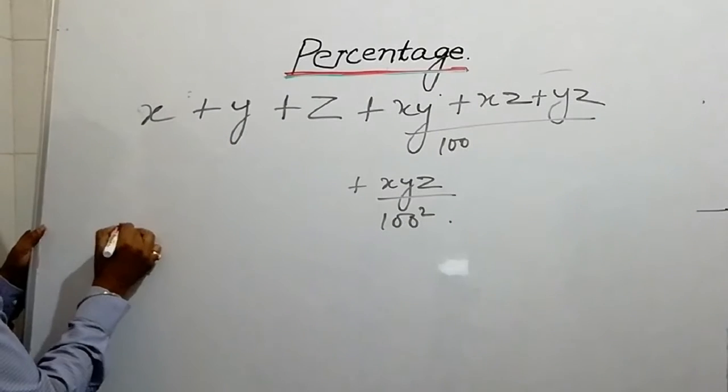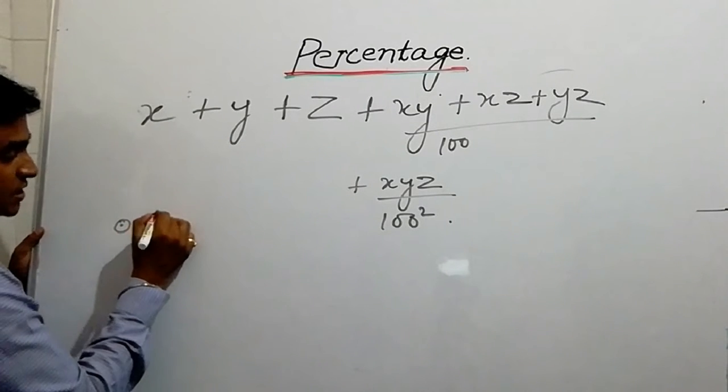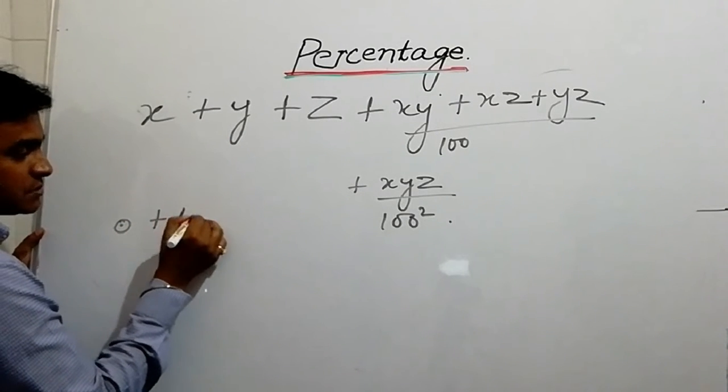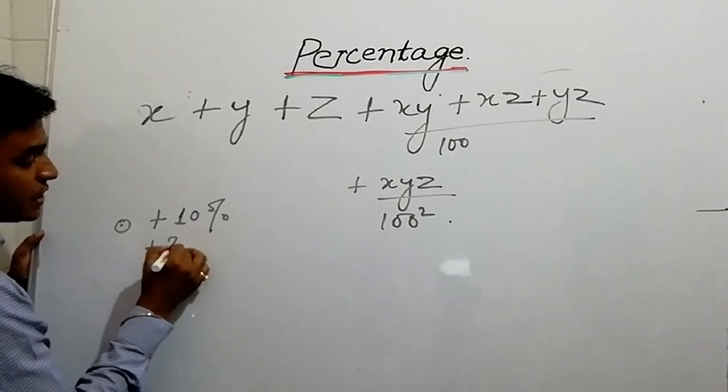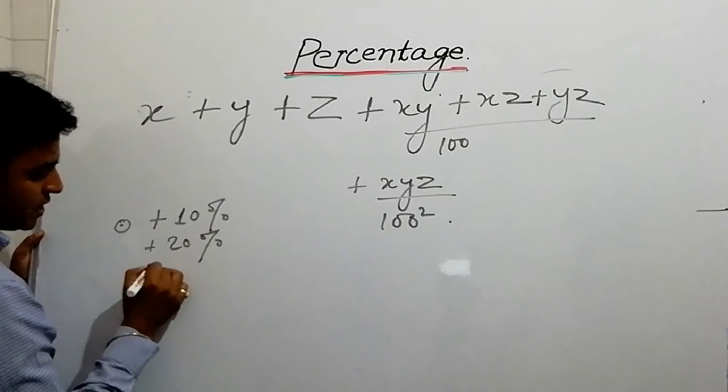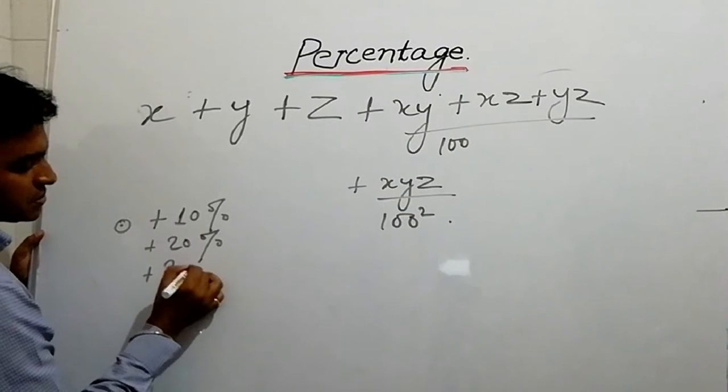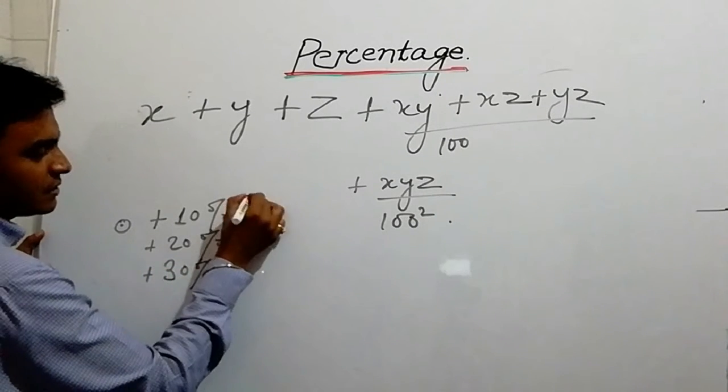So अगर आपका क्वेश्चन है that initially there is an increase of 10% and then again subsequently there is an increase of 20% and then again there is an increase of 30%. So what is the net impact?